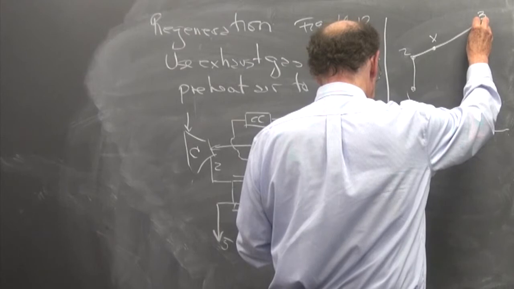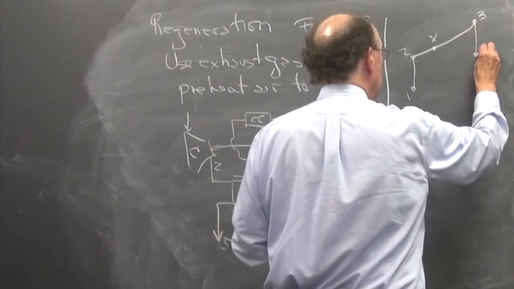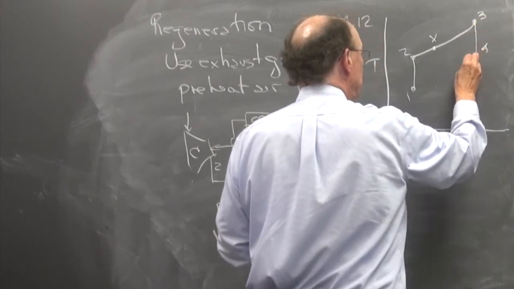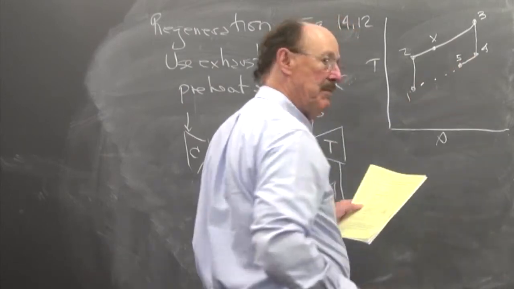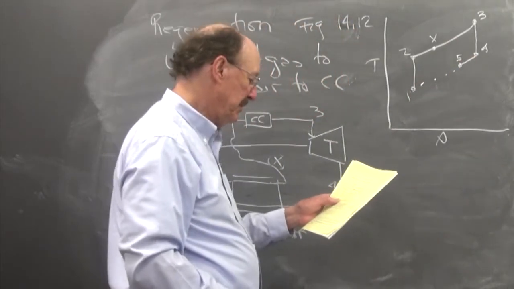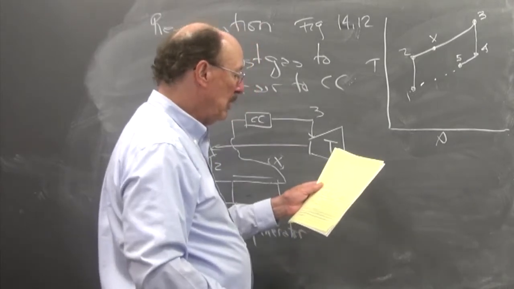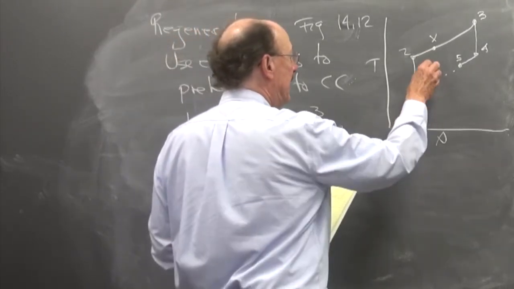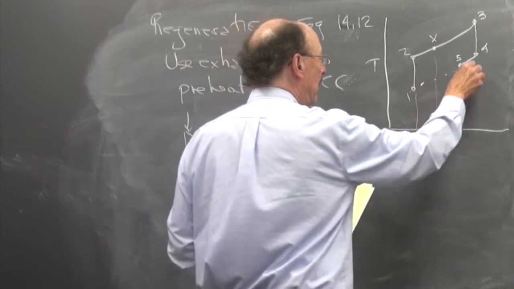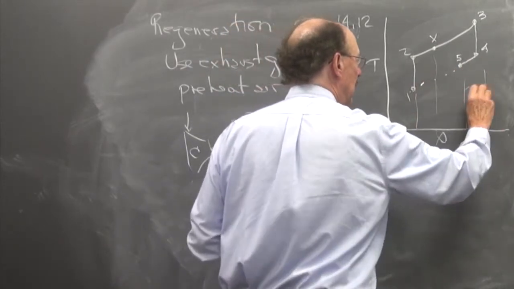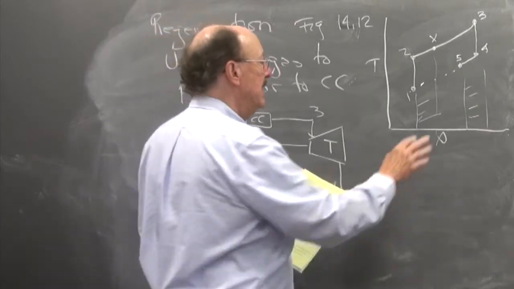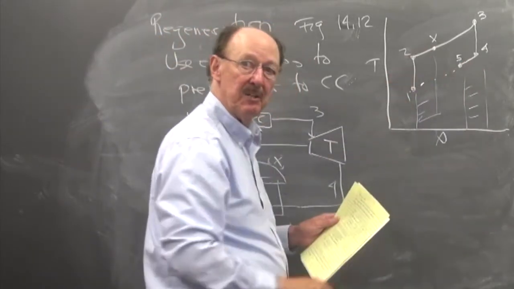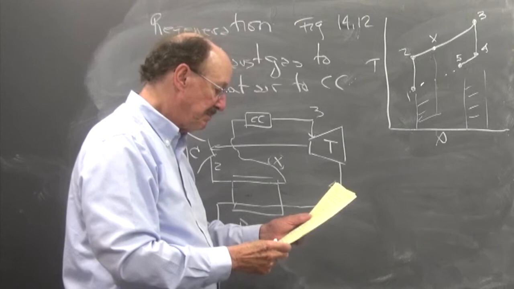It comes out of the turbine at state 4, and then it goes through the heat exchanger to state 5, and then it exhausts at that point. And so what we're looking at is that, again, this area and this area are the same. So the heat given up here is the heat gained here. So we're looking at that.